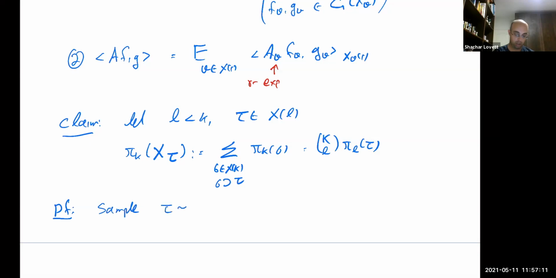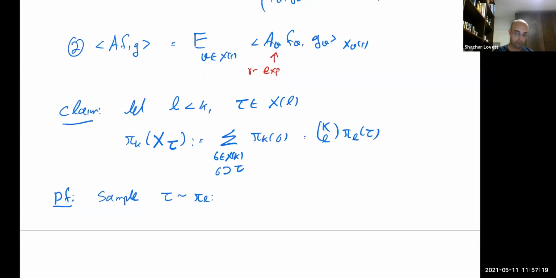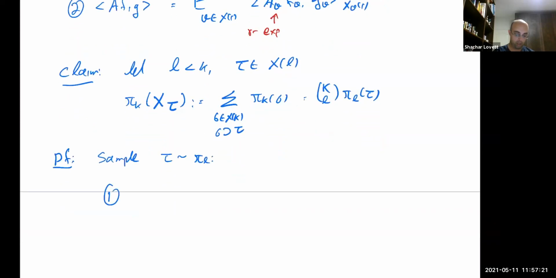We do it in two steps. Step one is that we sample some sigma from the top dimension, in this case the K-dimensional faces. And step two, we sample tau inside sigma uniformly, where the size of tau is L.